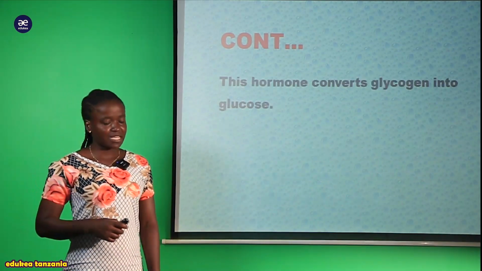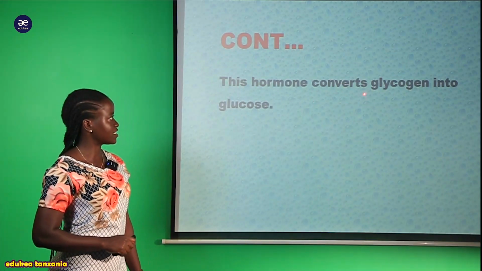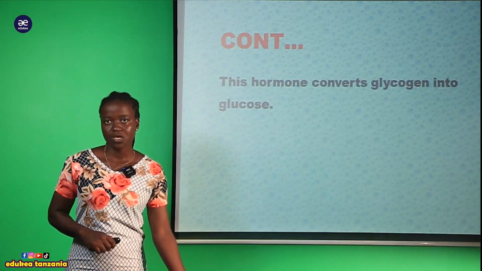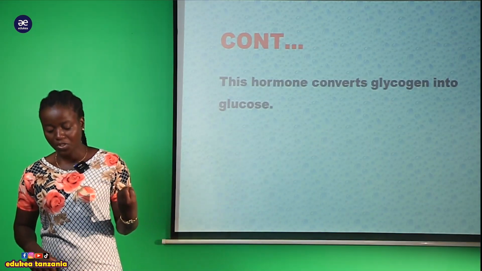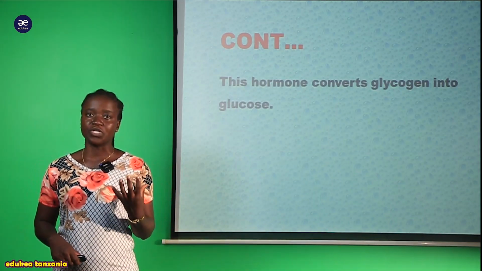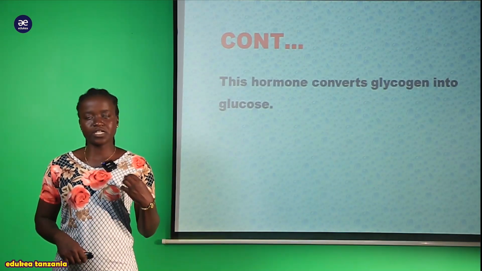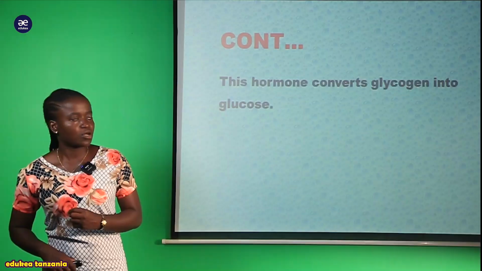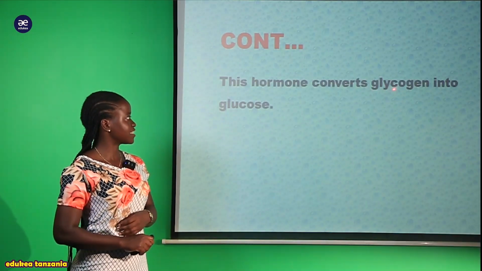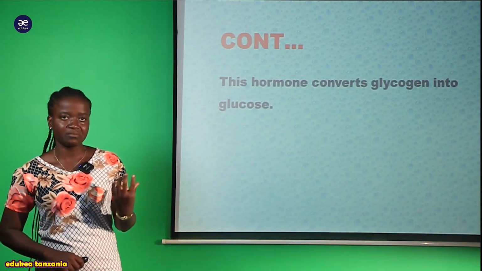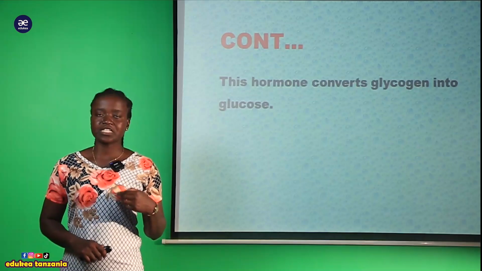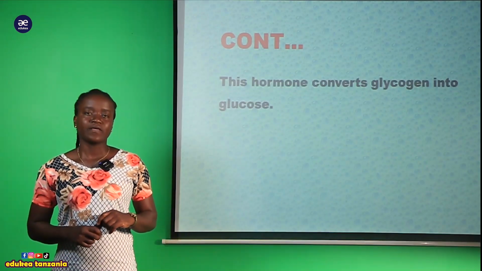And now we can say that the hormone converts the glycogen into glucose. So hapo ndipo ile hormone ambazo zinapatikana within our body, it will convert the glycogen into glucose. Remember, this glycogen is found within the liver.